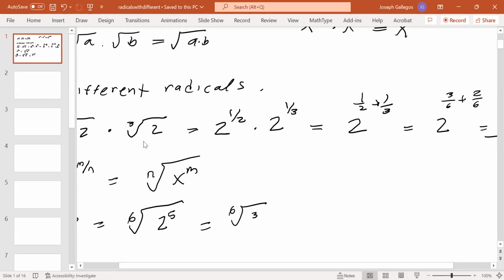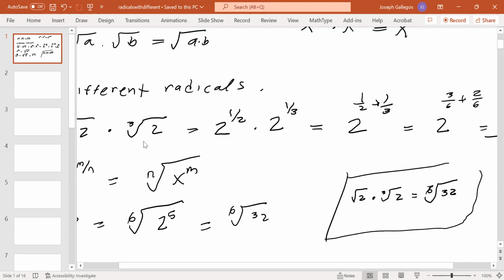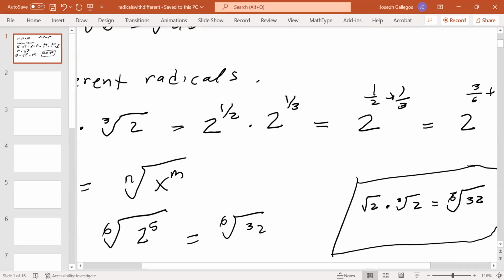So when we multiply those two radicals together, we had the square root of 2 multiplied by the cubed root of 2. This makes the 6th root of 32 as a solution. So if the radicals are different, convert them into exponent notation, and then recall properties of exponents to help you resolve the multiplication or the division.